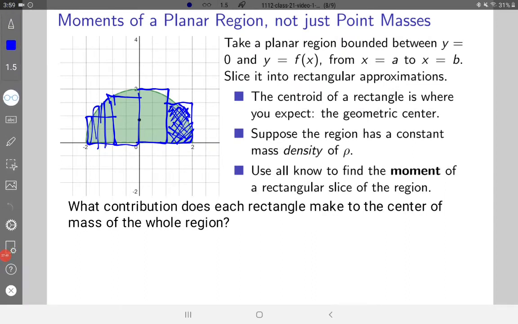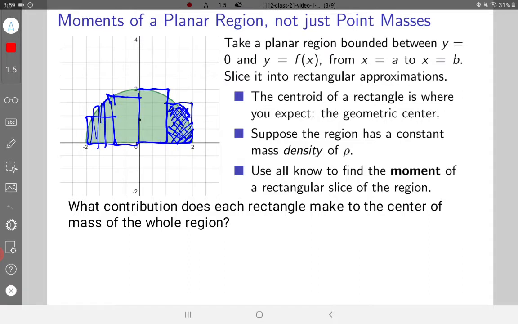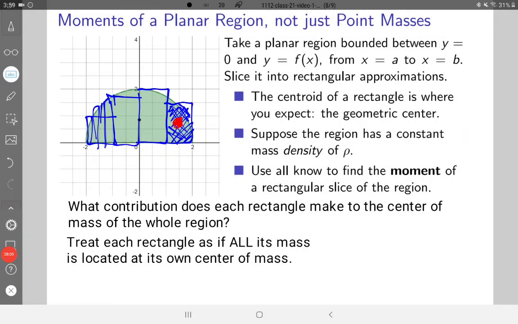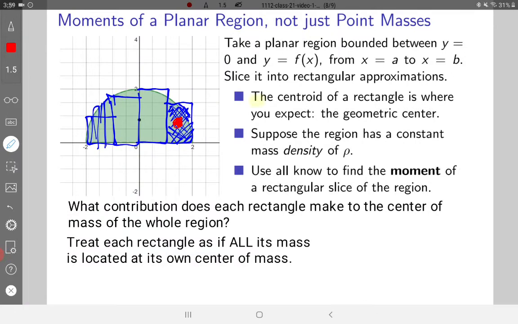So the first insight we're going to make is that each rectangular region, like the one I've drawn there, we can treat it as if all of its mass is located at its center of mass. And this is where I then get to use the insight which says the centroid of a rectangle is where you would expect, its geometric center.